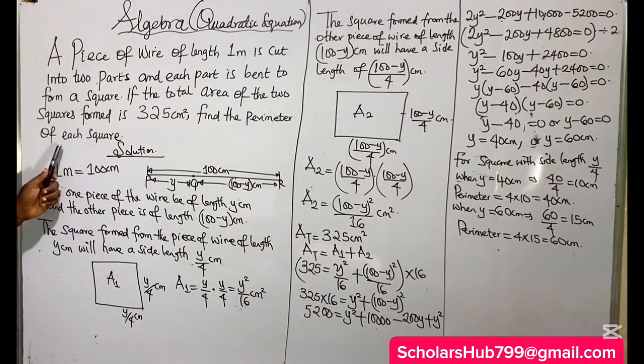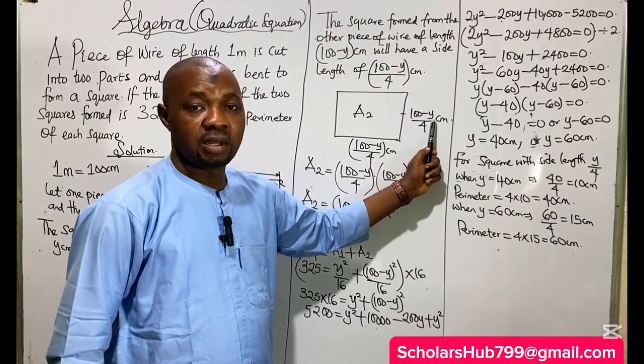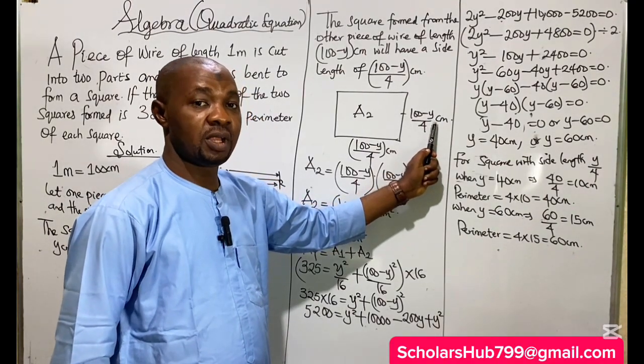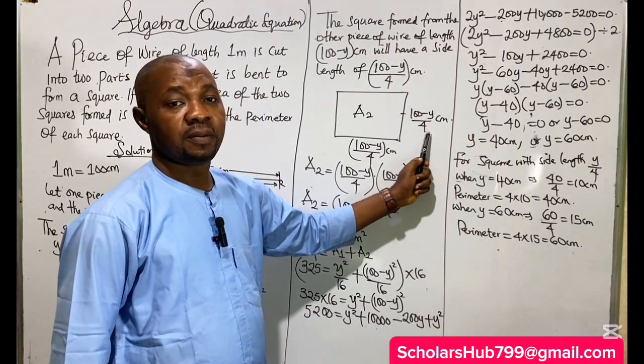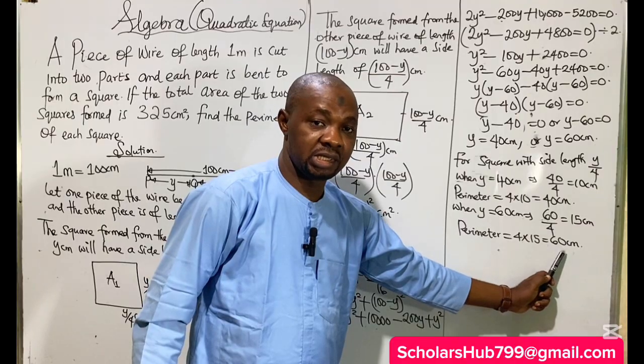So we find the perimeter of each square. If I put the value of y here, when y is 40, 100 minus 40 is 60, and 60 divided by 4 is 15, so I still get the same perimeter, 60 centimeters.